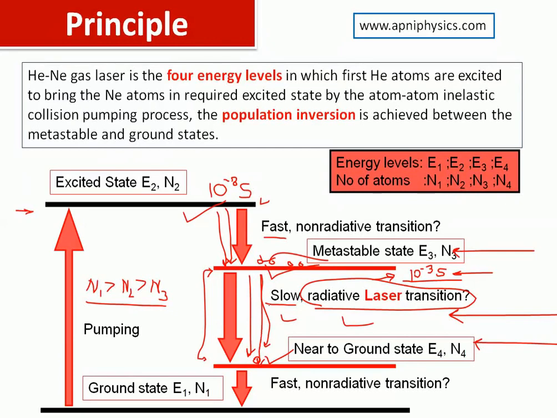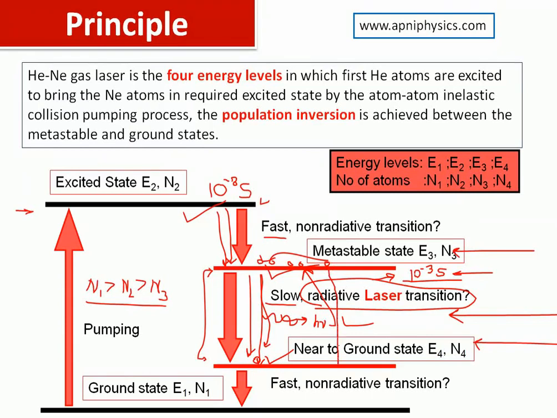Some of them also jump spontaneously, and the photon which is emitted due to the spontaneous emission process can induce the other atoms which are in the excited states, and because of that the excited atom will now emit two photons of the same frequency and in the same direction, right?